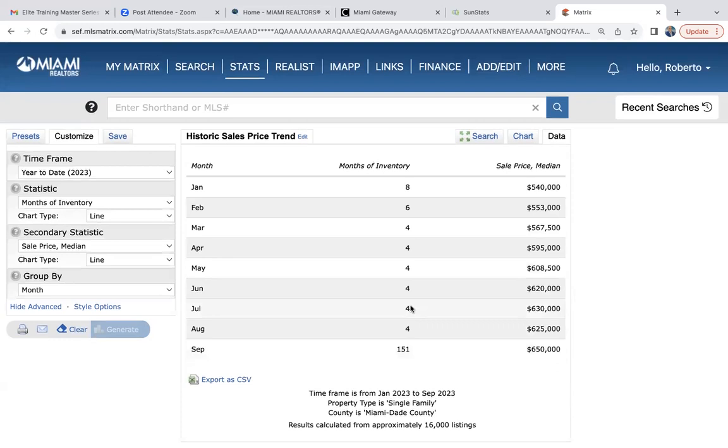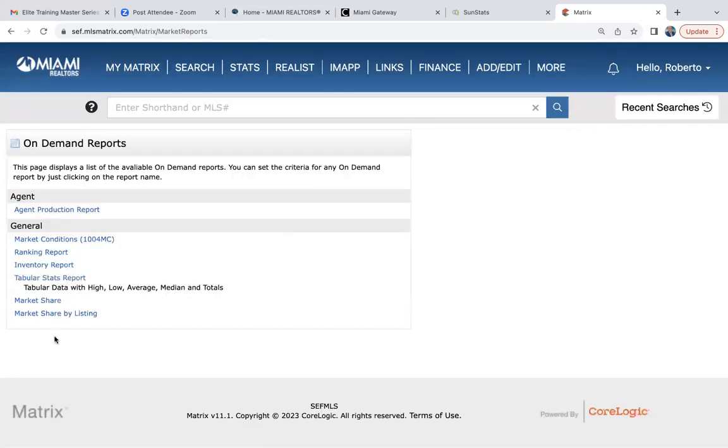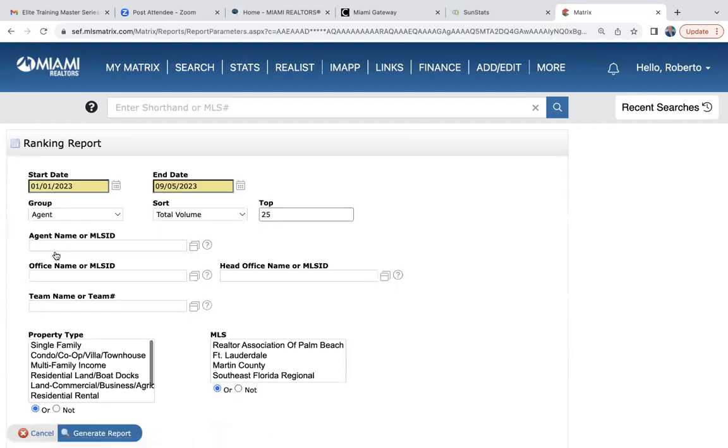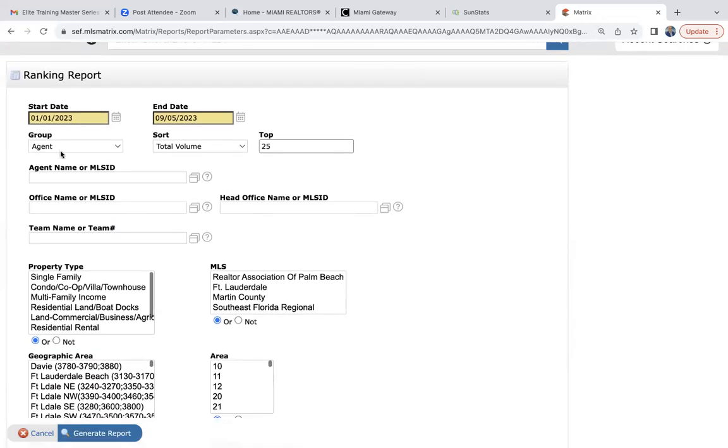So let's go up here to where it says more, click on market reports, and this next report right here, ranking report. It's a great report if you're interested in finding out where you rank amongst your peers in any particular city. We're going to do from January 1st through today's date. We're going to group agents and do total volume.